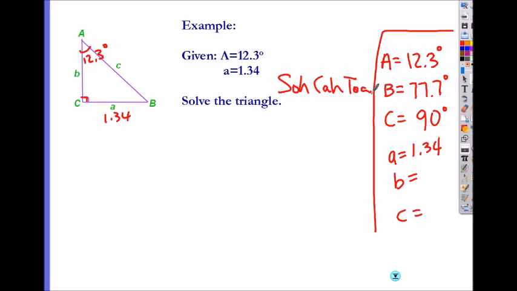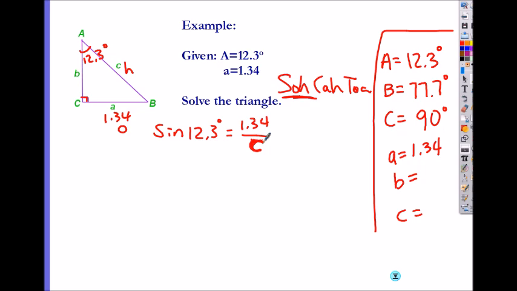So here, if you use the given angle, this is A. So here's opposite, given. And let's solve for c first. So that will be hypotenuse. If you have O and H, which trig function can you use? Sine, OH. So sine of 12.3 degrees equals opposite over hypotenuse, 1.34 over hypotenuse, which is c here.